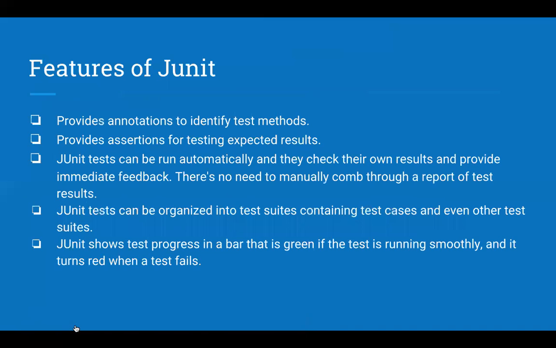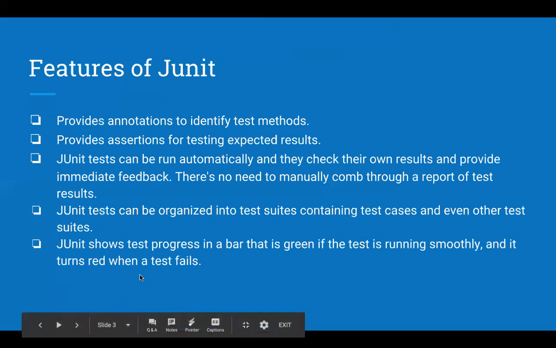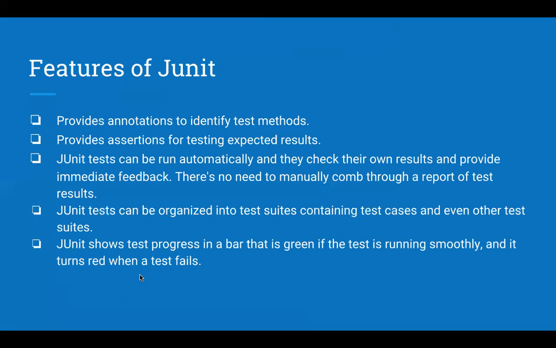It provides assertions for testing expected results. JUnit tests can be run automatically, and they check their own results. Usually it's a pass or fail. There's no need to climb through it, because immediately those tests will pop up as we run them. And JUnit tests can be organized into test suites, so we can run them individually or as groups.